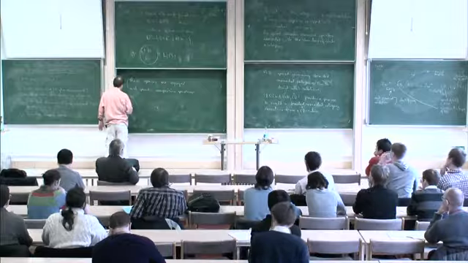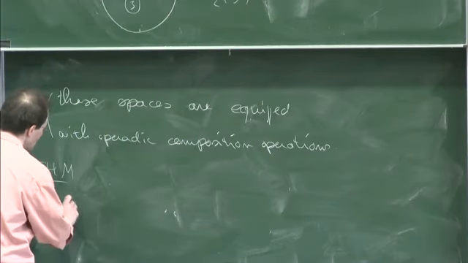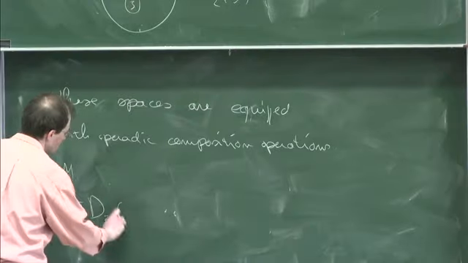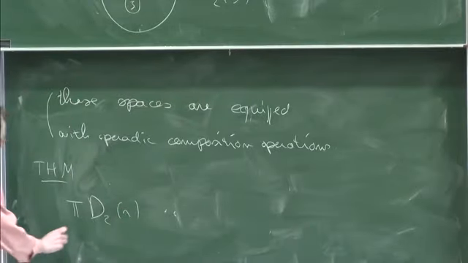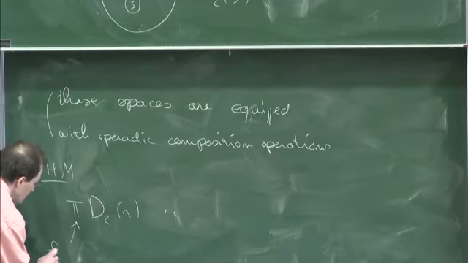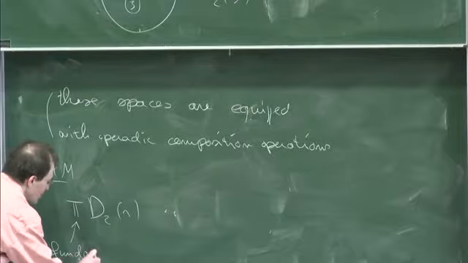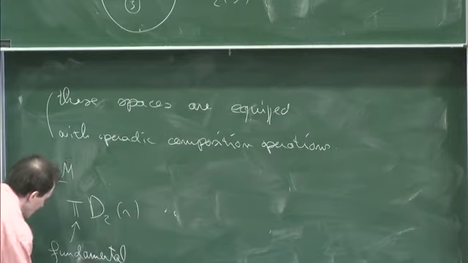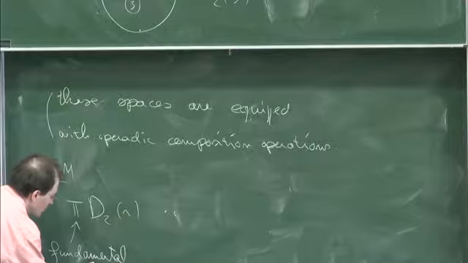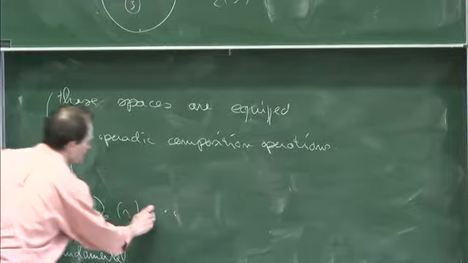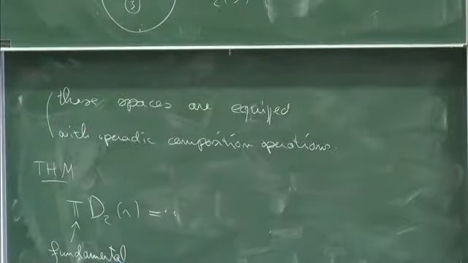First statement: you have a theorem of Fresse. If you take the fundamental groupoid of this space, then you get braids.